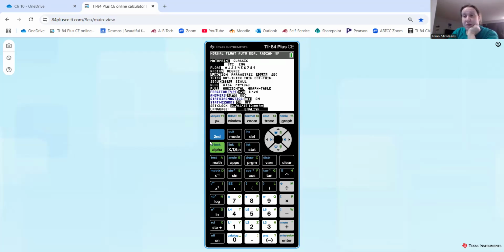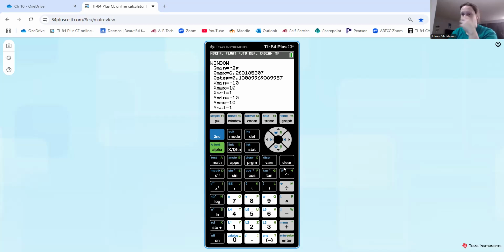So then when we go to the window, notice you now have theta min, theta max, theta step. We're going to set theta min as -2 pi, so -2, and then second caret button, pi. It's going to automatically translate it to a decimal, but don't worry about it. And then this is already 2 pi, but just to show you, 2 second caret pi.